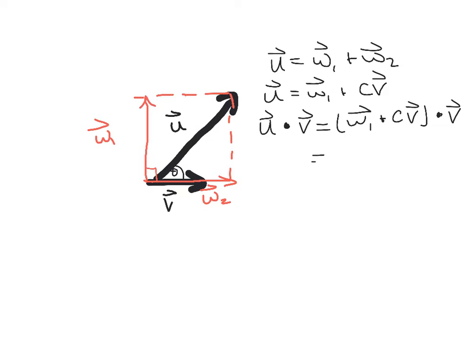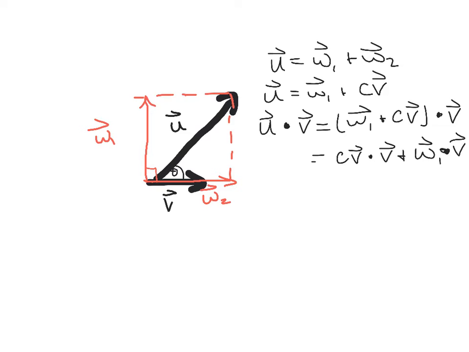Maybe it's not so simple, but I have CV dot V plus W1 dot product with V.